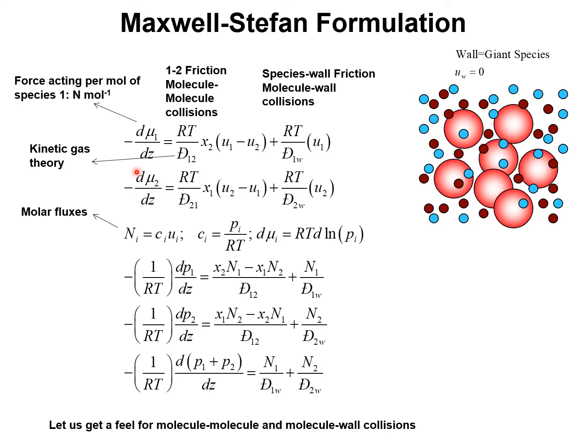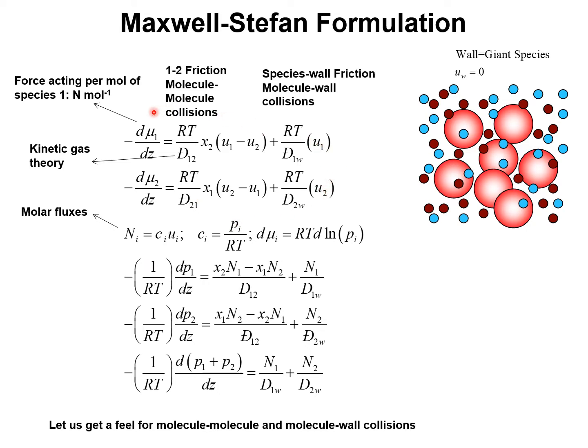Similarly, the force acting per mole of species 2 is balanced by 2-1 friction, and the friction component 2 experiences in undergoing relative motion with respect to the wall. Since the wall velocity is 0, we just have the velocity of component 2 here. D21 equals D12 because of the Onsager symmetry relations.